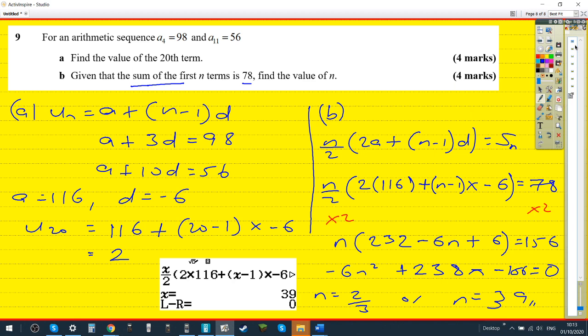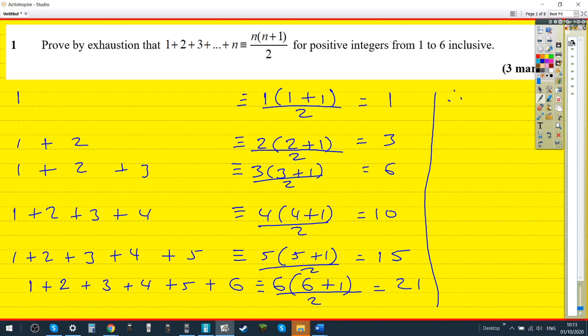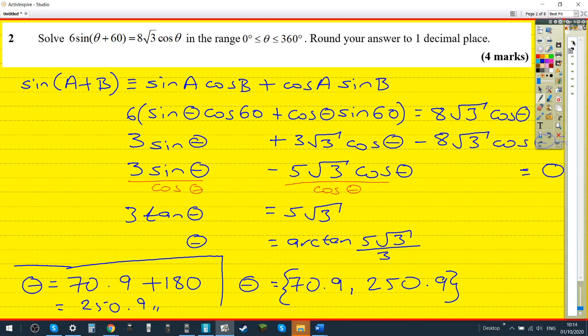So how do you prove by exhaustion? Just literally use all the numbers they're given, basically. Exhaust all possibilities. This one, how do you do these?